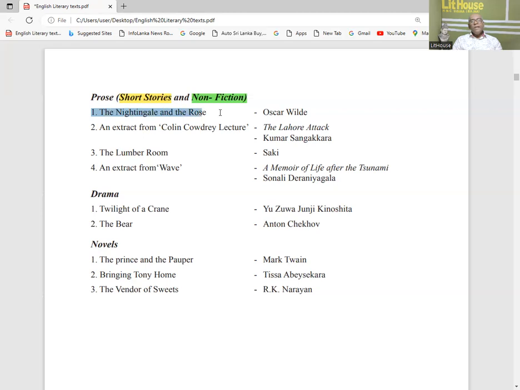The Nightingale and the Rose. This is a short story. Please write it down. The Nightingale and the Rose is a short story. The writer, Oscar Wilde.